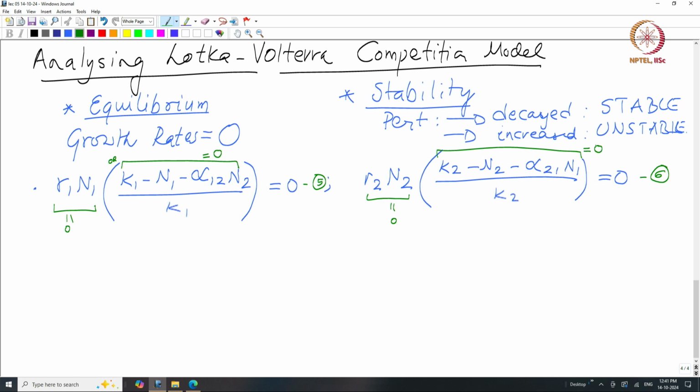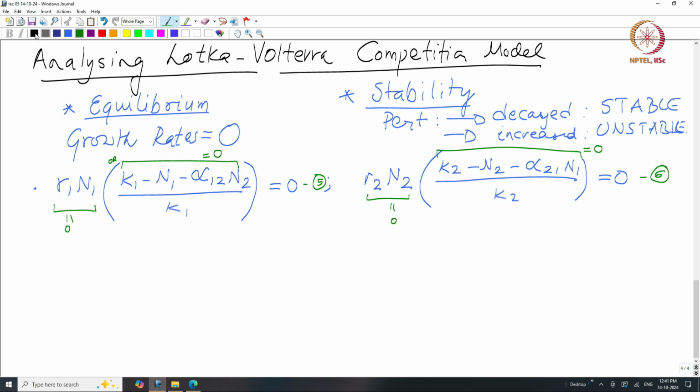Okay. So, under the conditions that both r1 and r2 are positive and they have a net positive growth rate at low population densities, r1 and r2 will both be greater than 0. So that means that the first part of the equation can be 0 if n1 is 0.